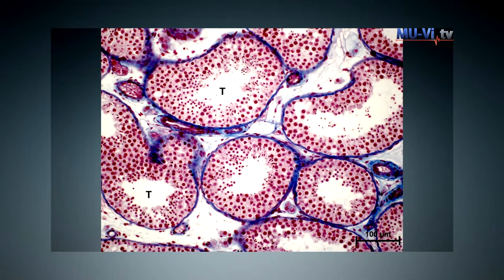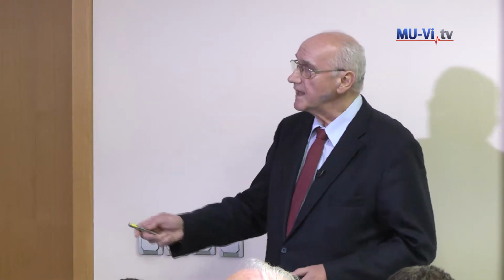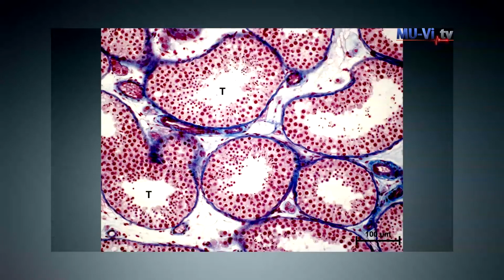If we enlarge a part of the parenchyma, we can see that the parenchyma consists of different sections of seminiferous tubules and intercellular substance.